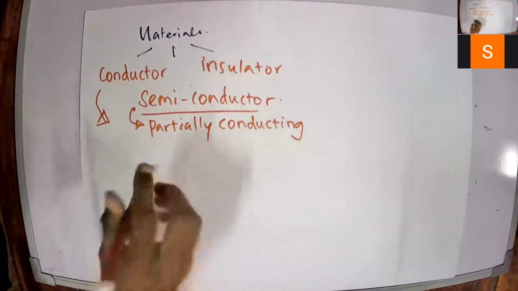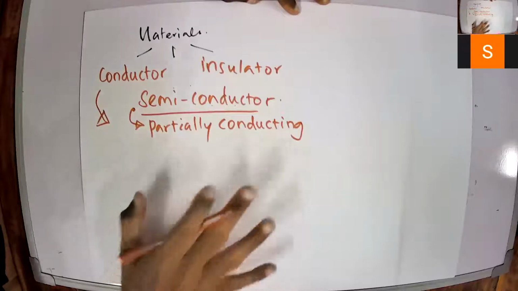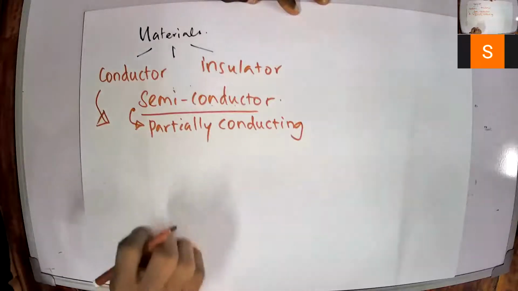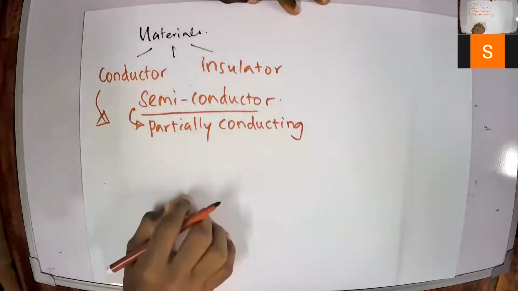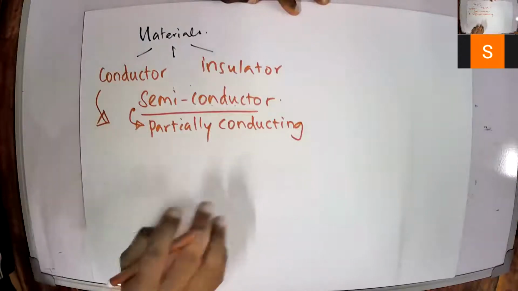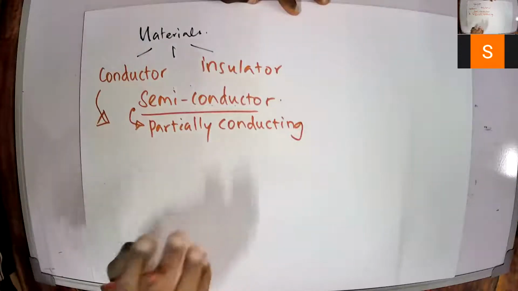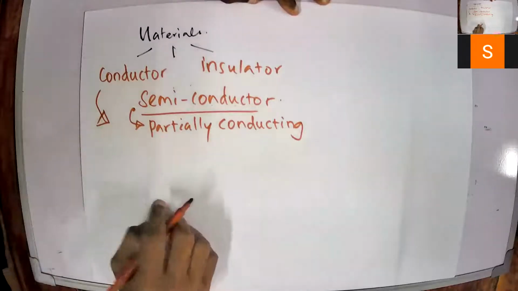As you all know, the conductivity depends on the free charge carriers within the material. If a material wants to be a conductor, that material must have enough charge carriers in its conduction band.